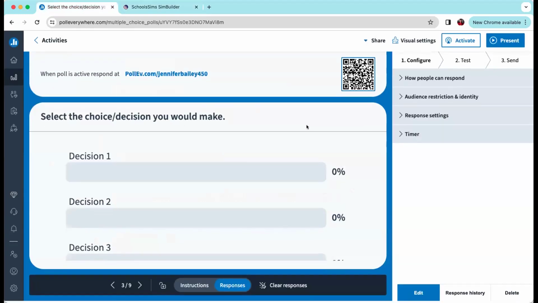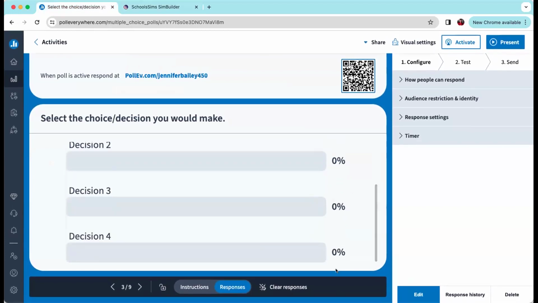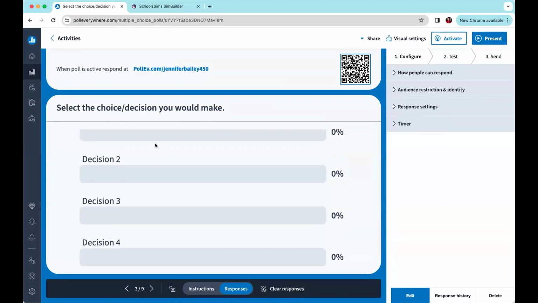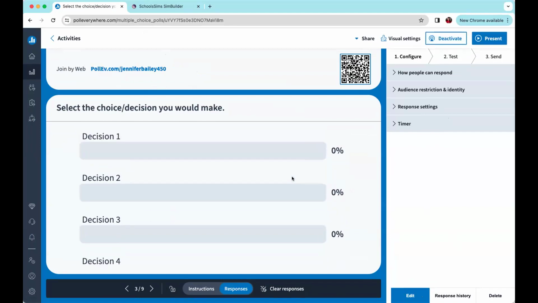I'm making you think fast on your feet, and then your vote is here. You can use the QR code if you have your phone, or join by web, and then you can make your decision here for decision 1, 2, 3, or 4.